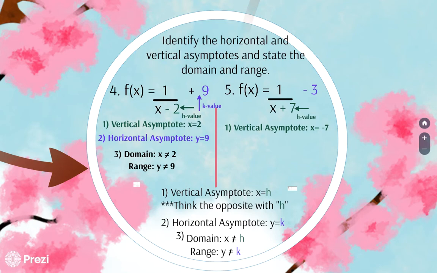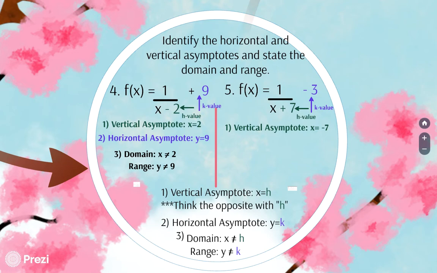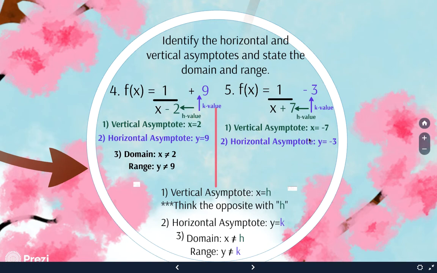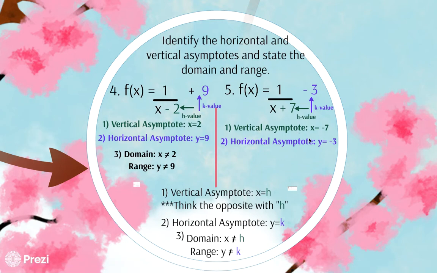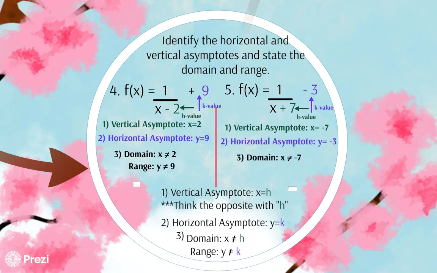The horizontal asymptote is wherever the k value is. So, where is the k value? Right there. Okay, so our horizontal asymptote is at y equals negative 3. And the domain is where x cannot equal the h value, which is negative 7. So x cannot be negative 7 for our domain.